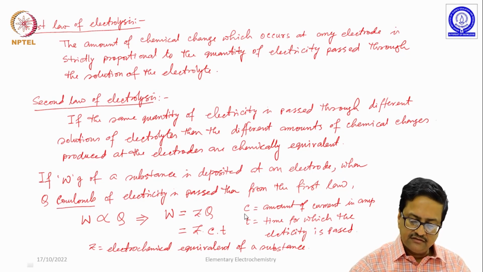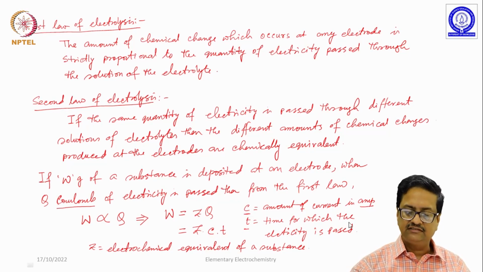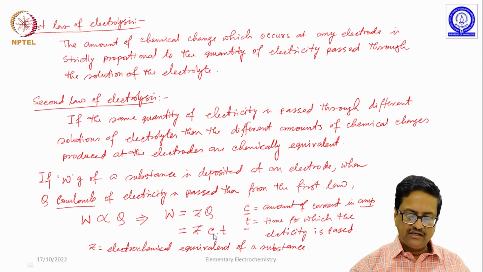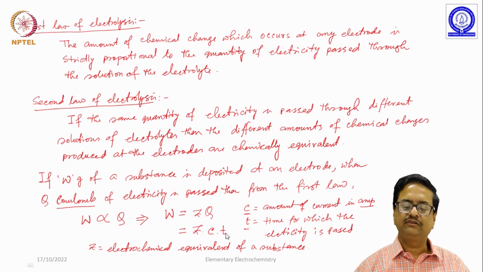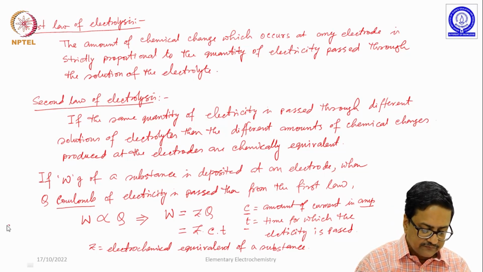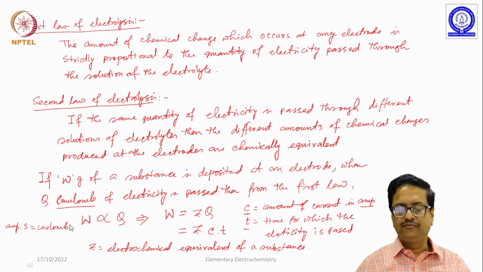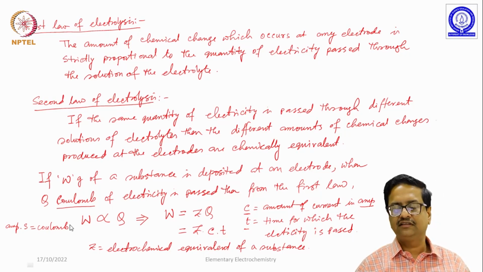So the unit of current is ampere and unit of time is in seconds. So when you do ampere into second, that is current into time, you get coulomb. So you need to remember that ampere second is equal to coulomb, right? That's simply like F equal to m a. So unit of force is mass into acceleration.